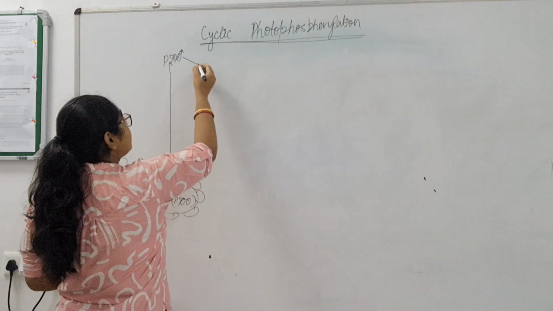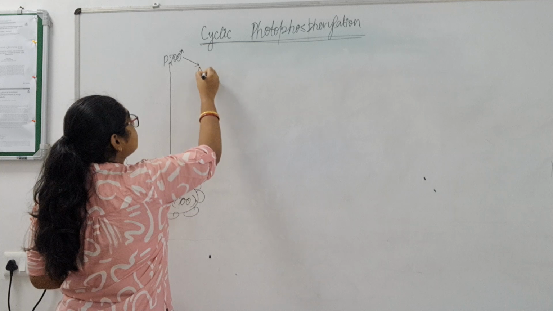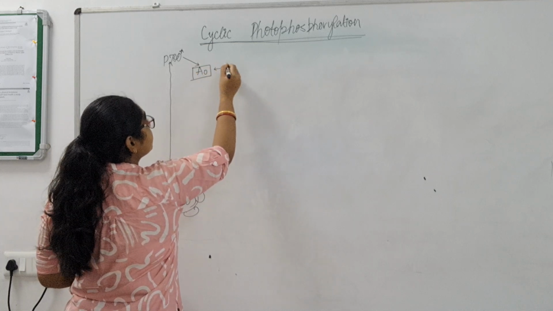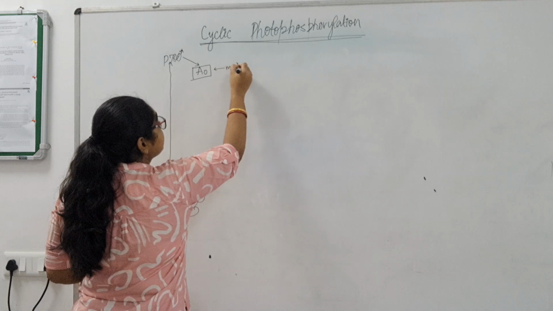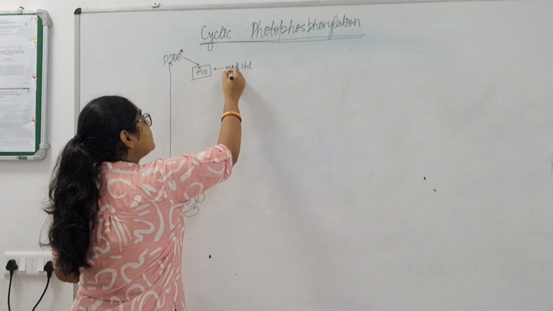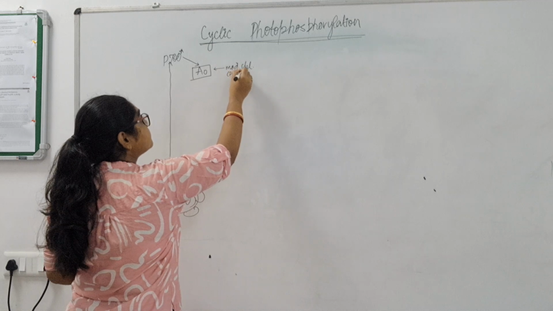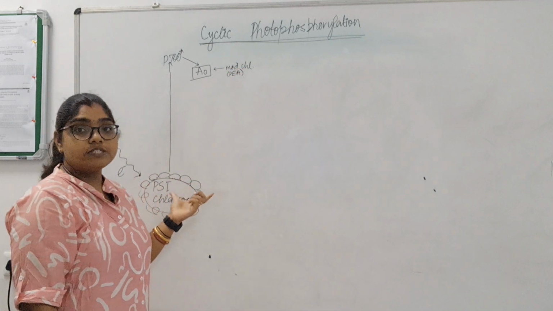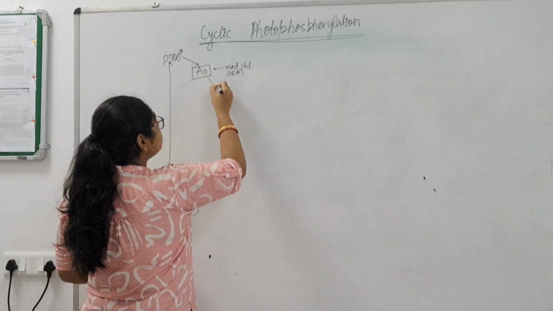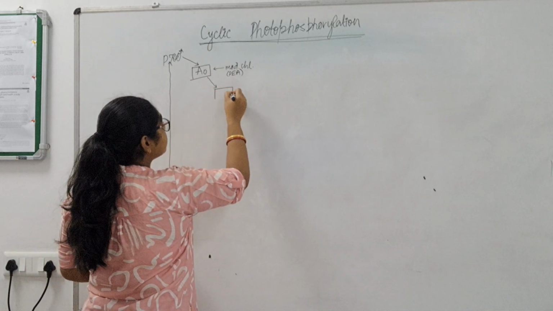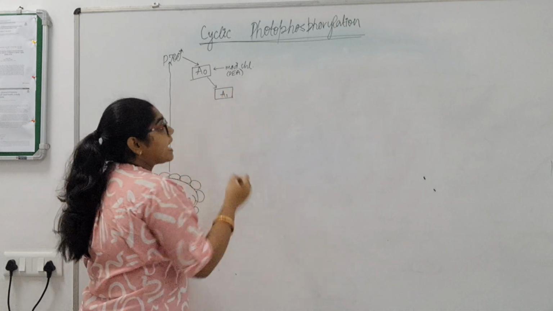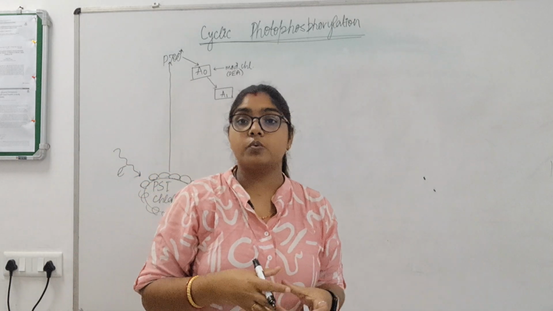Here the primary electron acceptor is a modified chlorophyll, and it is the primary electron acceptor of photosystem 1. Now this electron will transfer to an active quinone, which is denoted as A1, and this active quinone is a phylloquinone.